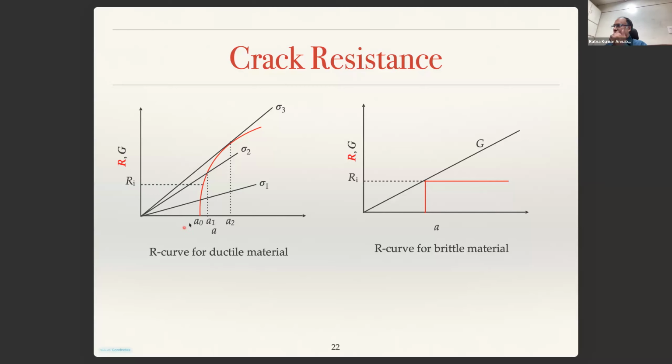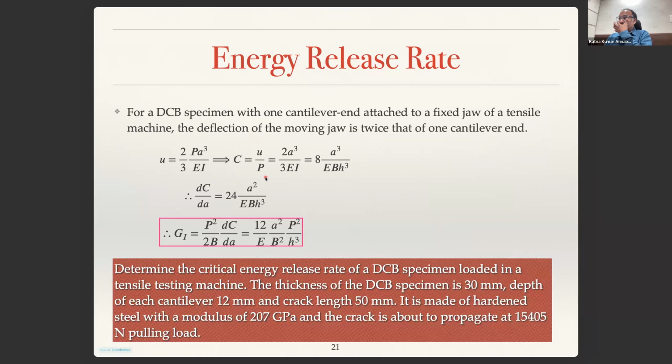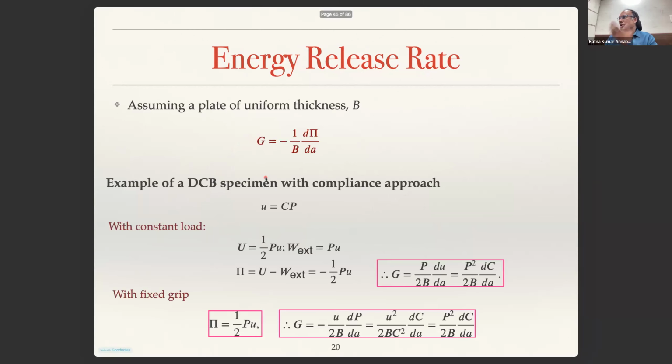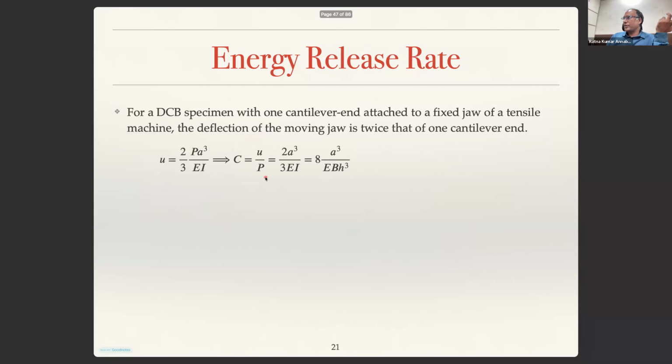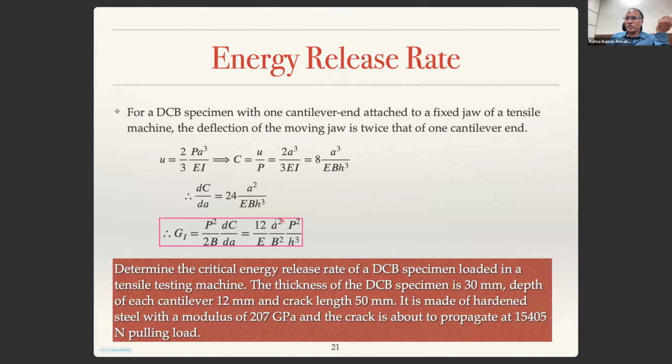As we have discussed in the last class, we understand what the energy release rate G is, depending on the value of sigma. For a given sigma 1, depending on the scenario, in this particular problem of a double cantilever beam, it is a function of the square of the crack length.